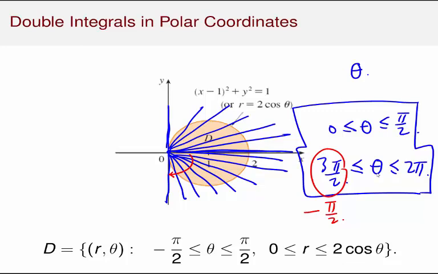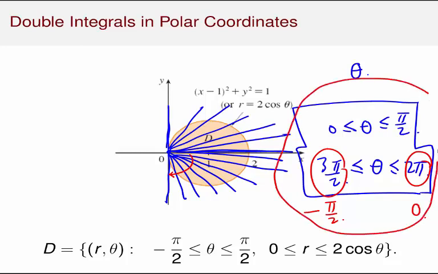Do you follow me? And likewise, 2 pi can be replaced by 0. So this way, this set of inequalities can be combined together in the following, where theta is bounded below by negative pi over 2 and above by pi over 2.